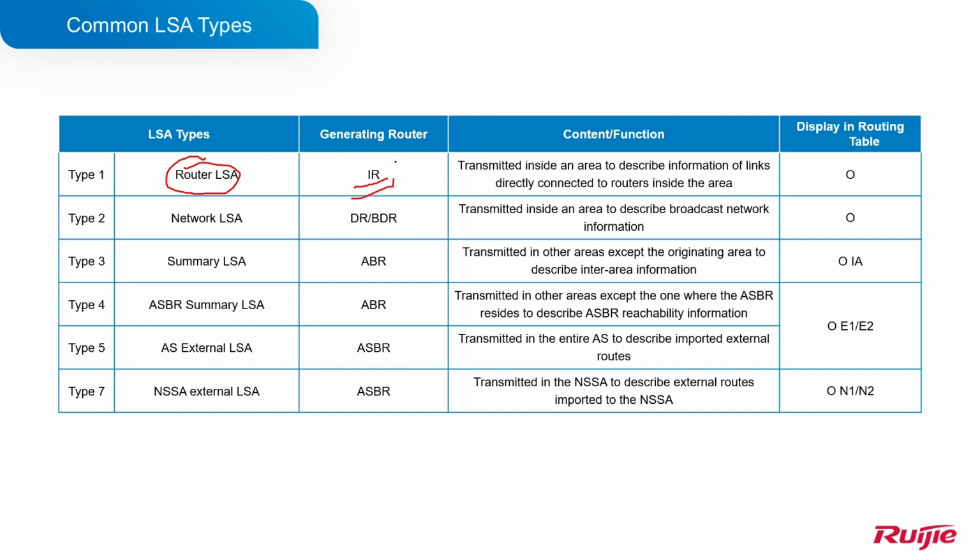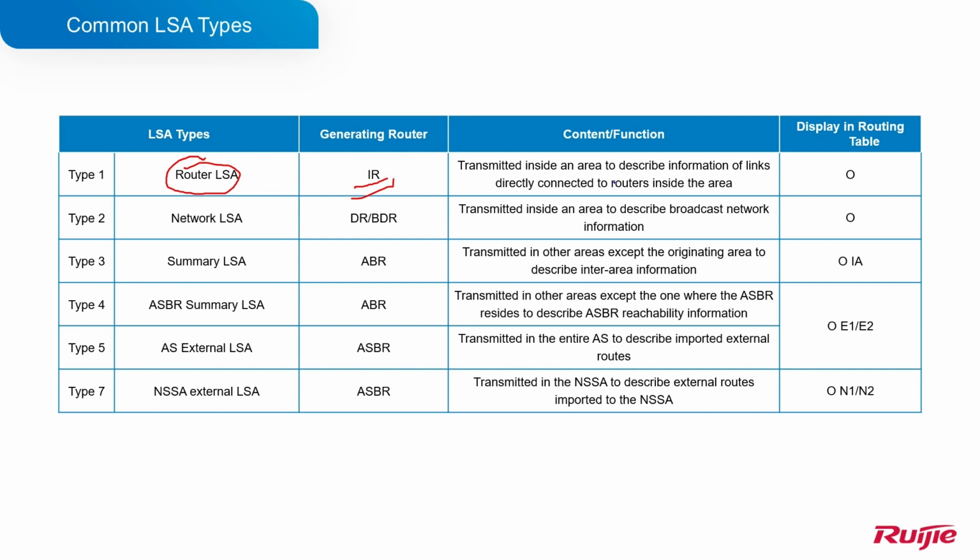It means every device on which you enable the OSPF process, we can call this device an IR device. So in every area, such as area 0, area 1, area 2, or a special area, when you enable the OSPF process on the device, the device will generate the LSA type 1.